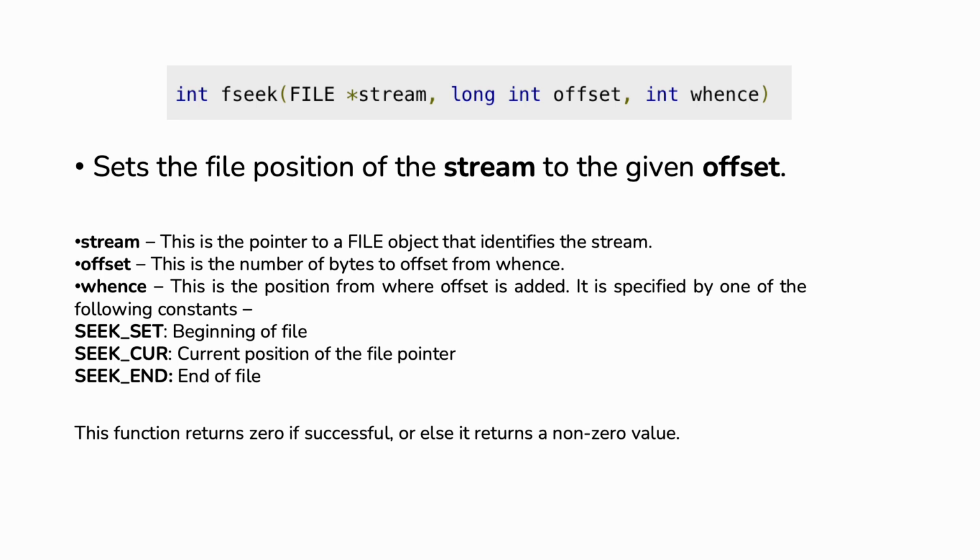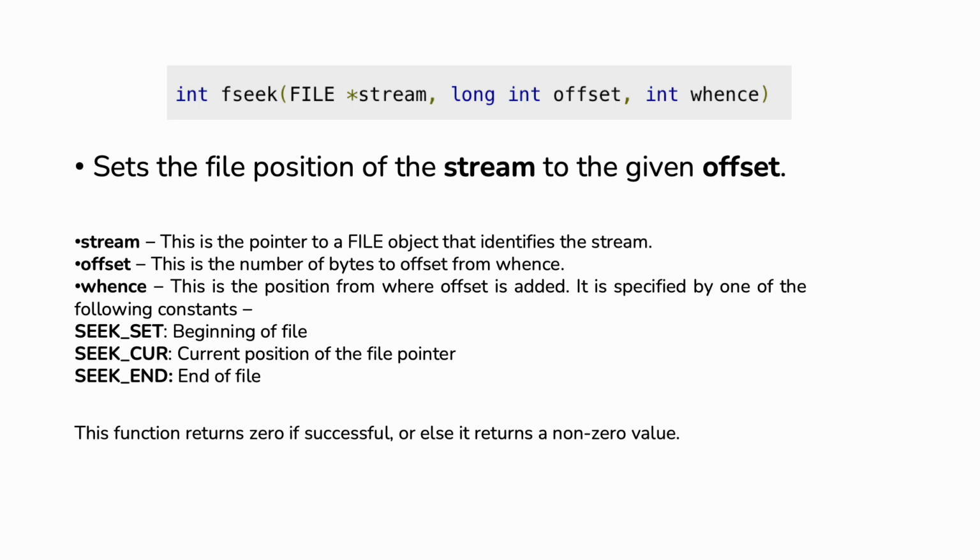The second function is fseek. The fseek function can set the file position of the stream to the given offset. There are 3 arguments. The first is the pointer to the file, and the offset, which is the number of bytes to offset from whence, and whence has 3 constants.